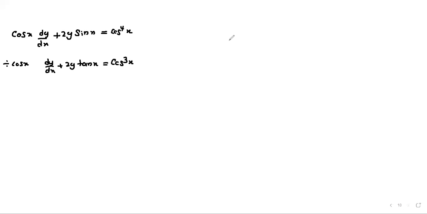If you isolate y, what is the remaining term? The remaining term is 2 tan x. Therefore, what is the integrating factor? e to the power integration of 2 tan x. Okay, right.